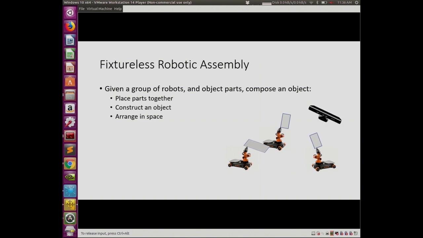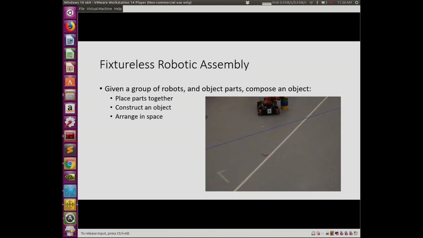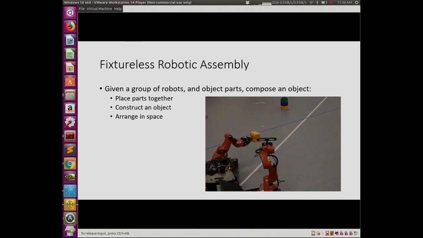Maybe we need some sensors in order to reason about the locations of parts and robots and so forth. And this requires understanding of several concepts. This is a demonstration of such a system where you see the sensor and the manipulator robots going into place and manipulating parts of the object.